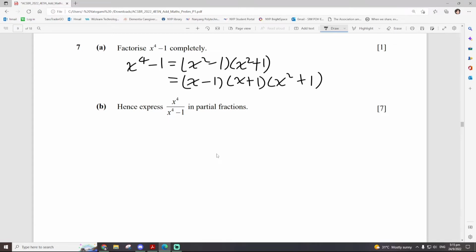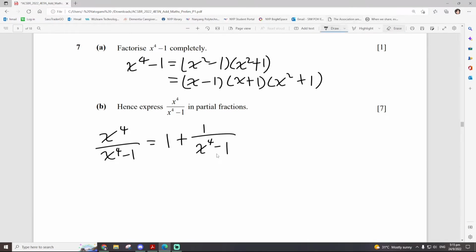Okay? Hence, express x power 4 divided by x power 4 minus 1 in partial fractions in proper fraction. So I shall first express this as, I can actually remove 1 and add 1 back. So this is going to be giving me 1 plus 1 over x power 4 minus 1. Okay? And I can proceed to use my partial fractions.